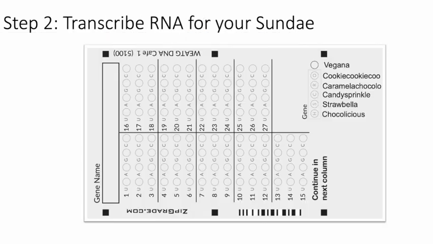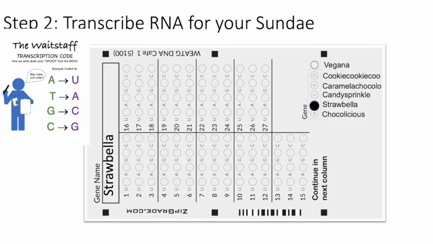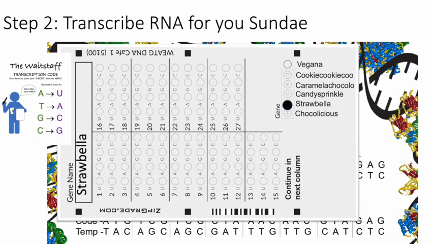When you've picked out your gene, you're ready to transcribe the RNA for your sundae. First step is to write down the gene name as well as check the box for the gene that you're going to be ordering. Then you're going to use the waitstaff code to transcribe your order into an RNA sequence. You can line up your RNA sequence with the template DNA for the Strawbella gene.